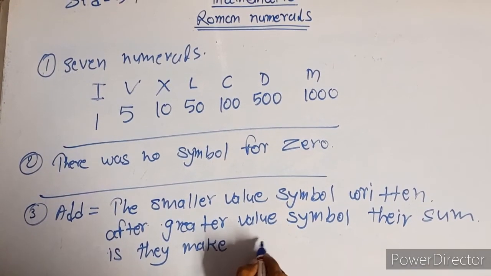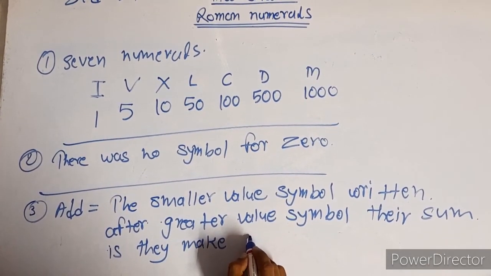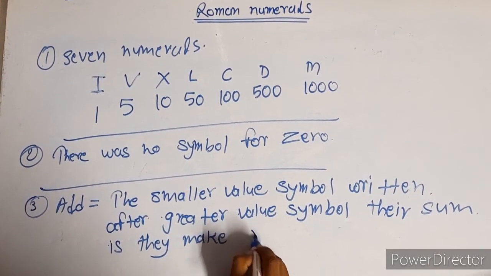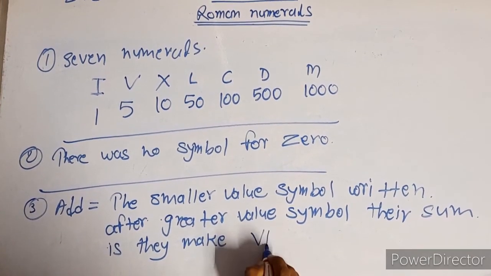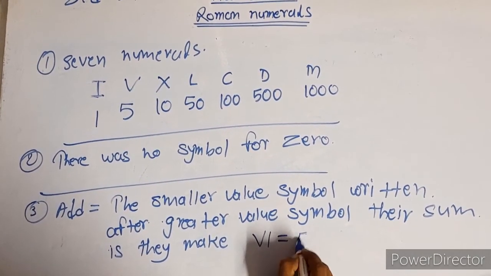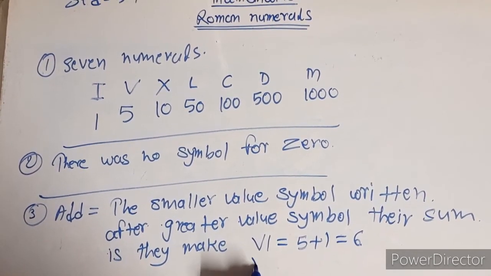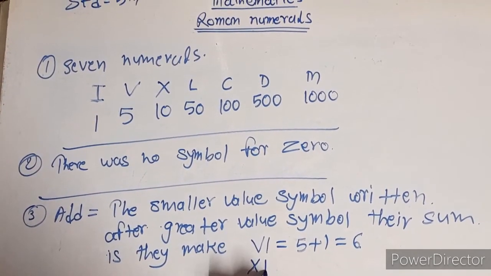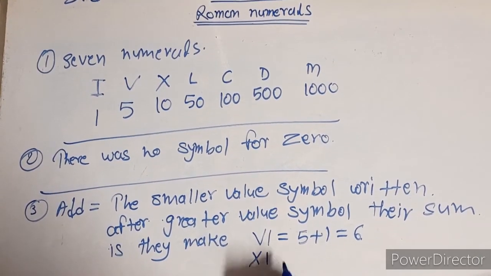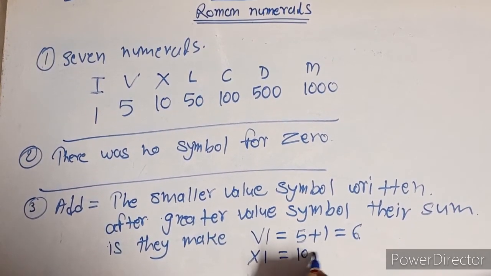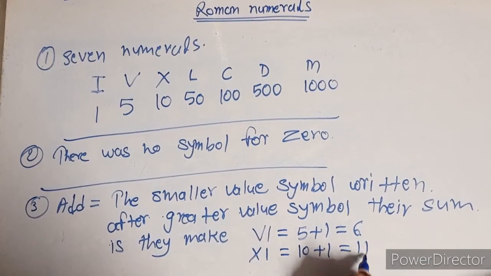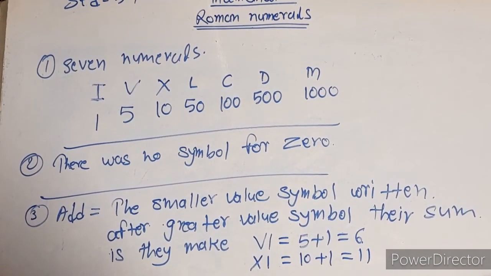For example, V I: 5 plus 1 is equal to 6. X I: 10 plus 1 is equal to 11. Okay.